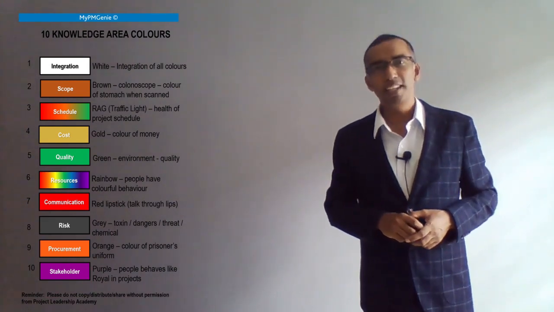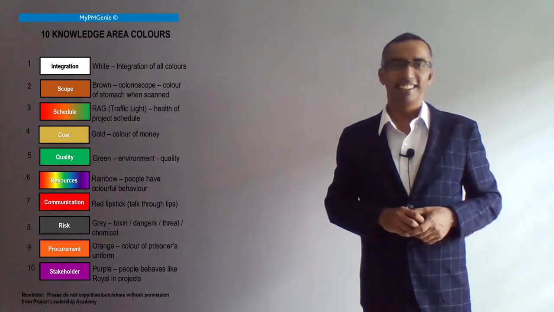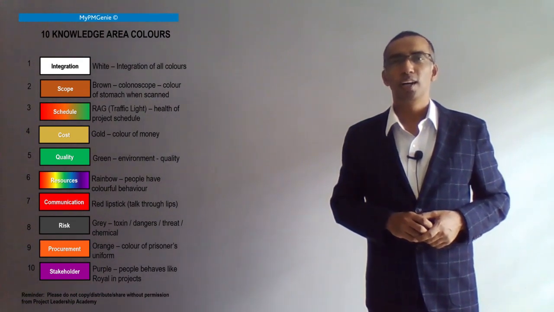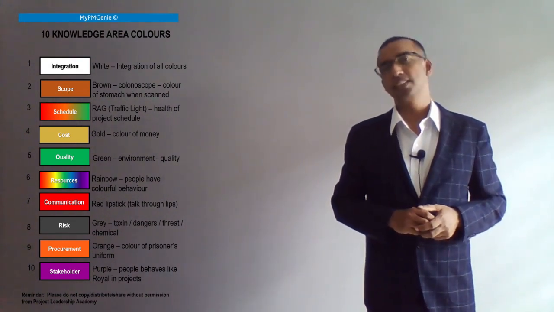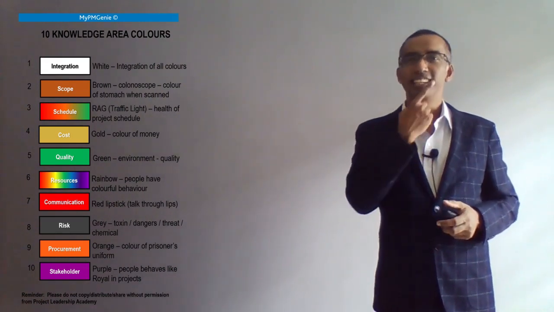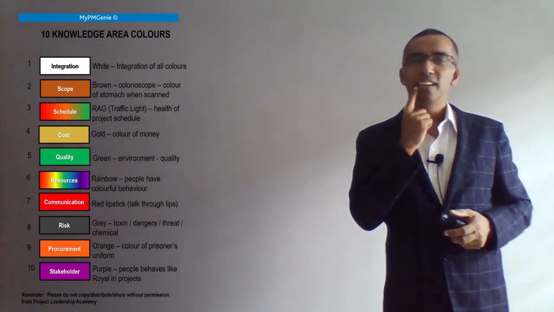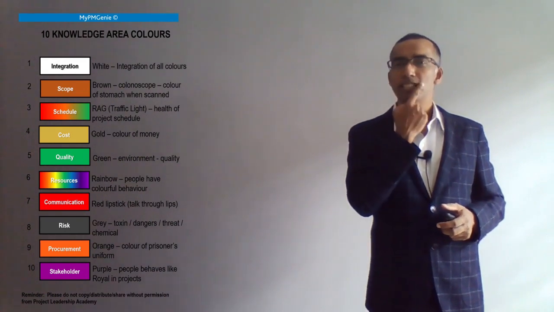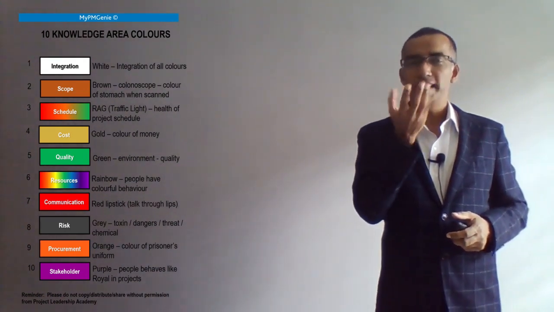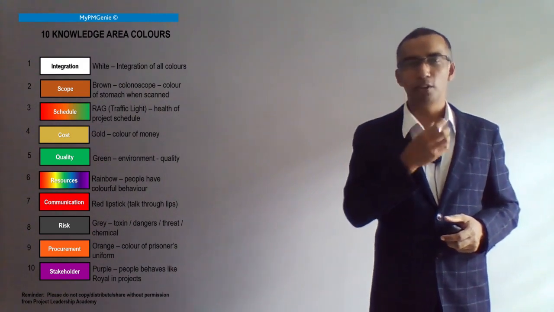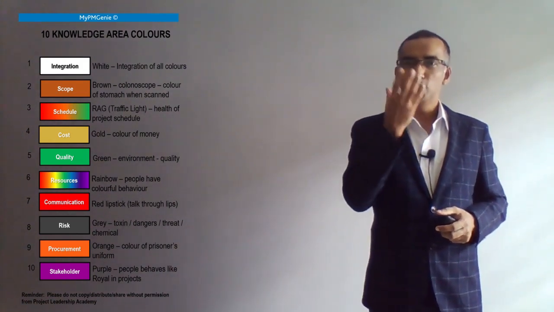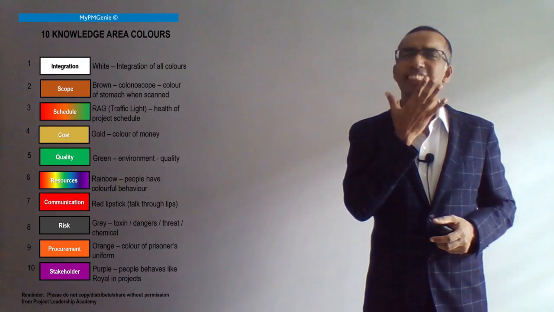Next one is communication. Why am I using red? So just visualize ladies within your team members, because guys don't use it. Here it refers to the lipstick. Lipstick is on your lips. You actually use this for communication, for talking. So just visualize a person or your boss who is a lady who is talking and she's wearing a very thick lipstick.